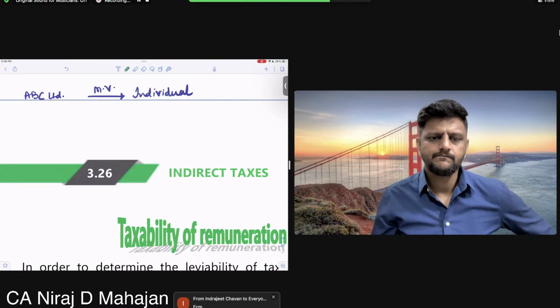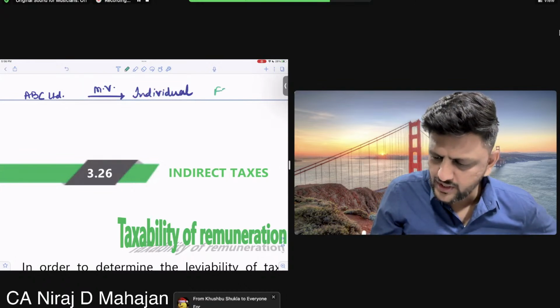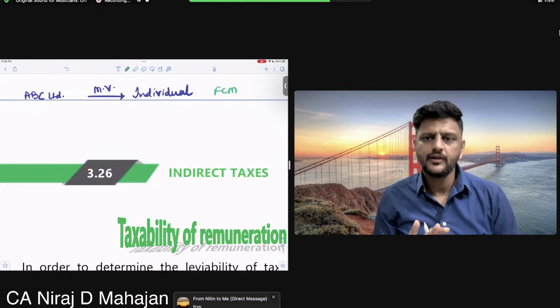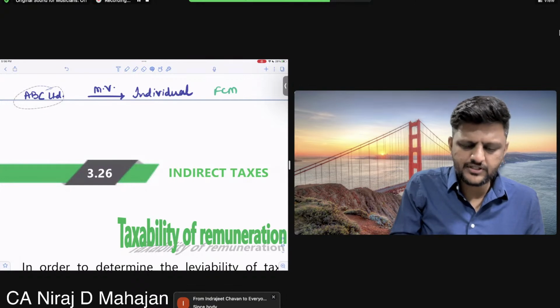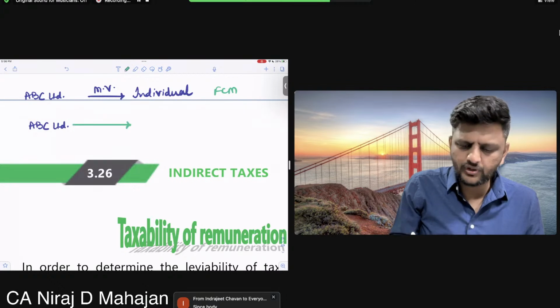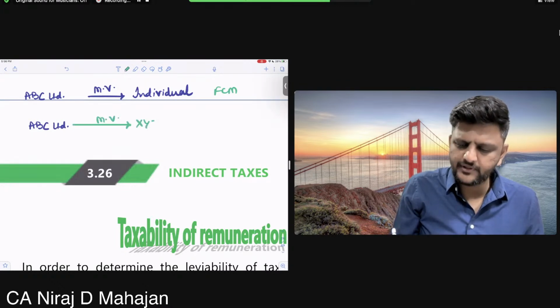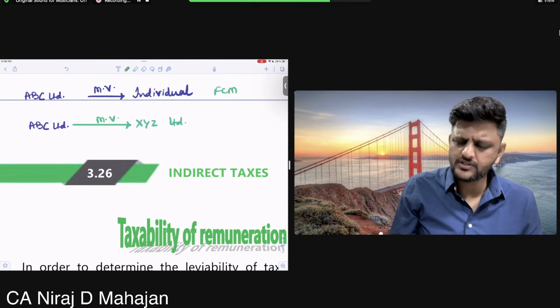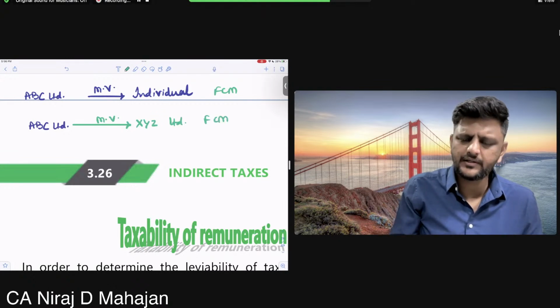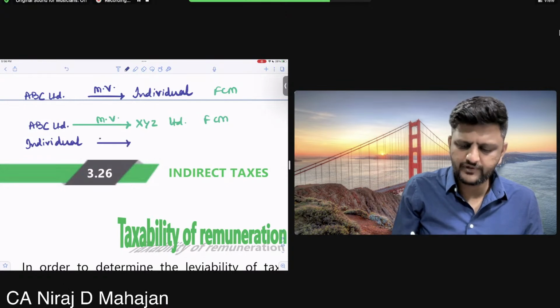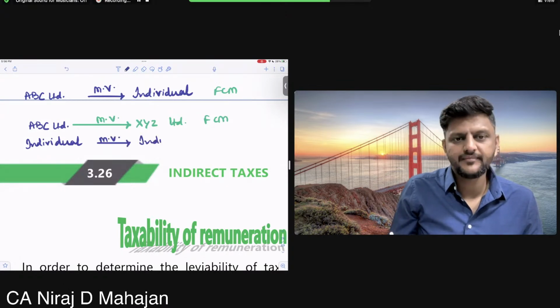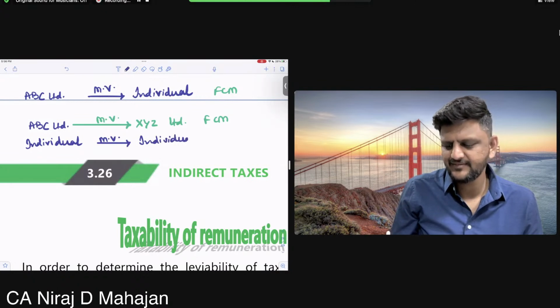Very good, it is forward charge. Why? Supplier is a body corporate. Same example: ABC Limited gives a motor vehicle to XYZ Limited. Forward charge. I hope this is okay. Then individual gives motor vehicle to individual. Tell me all of you.